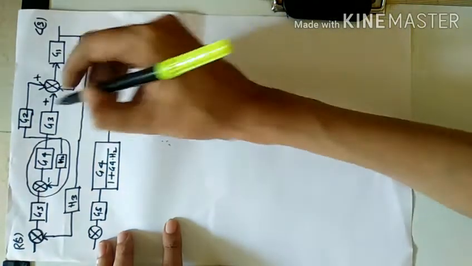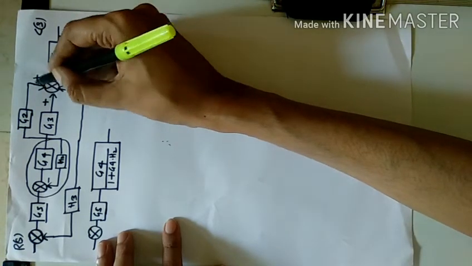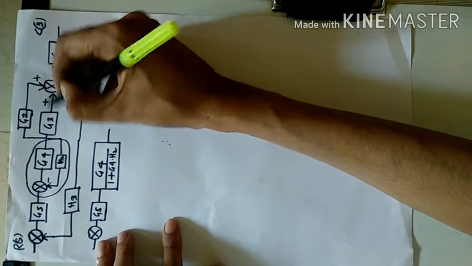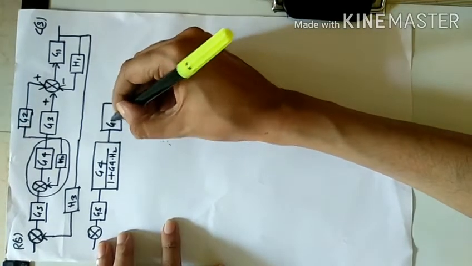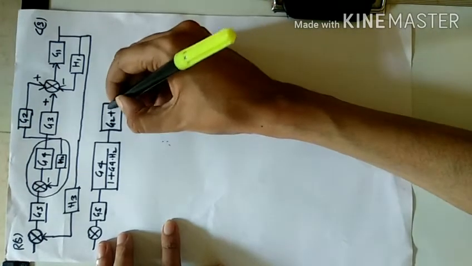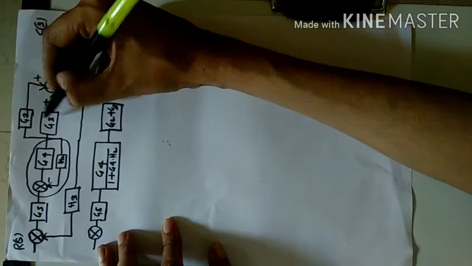Clear? Then second, this G2 and G3 are in parallel because of this summing point. Plus sign is a positive sign. G2 plus G3. So these are in parallel combination.